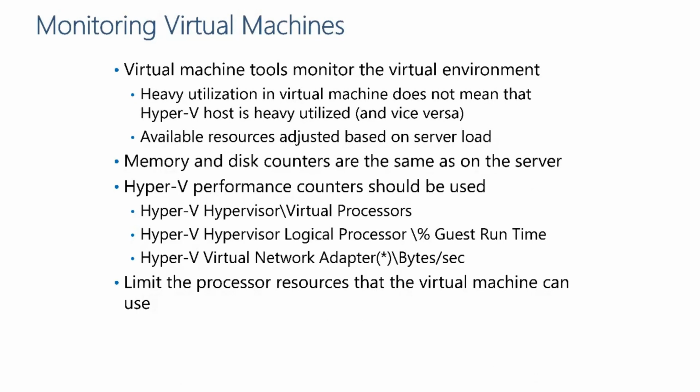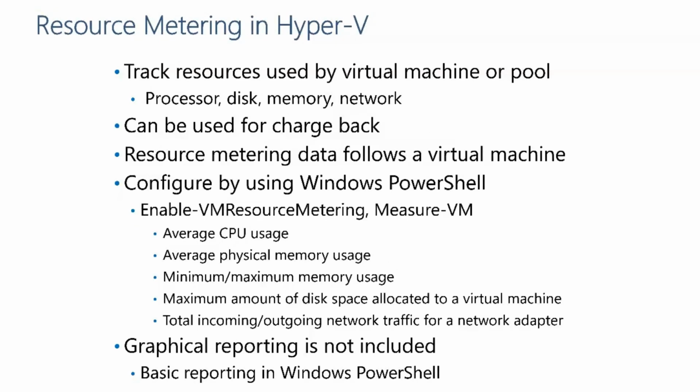Memory and disk counters are the same as on the server, so these are the things we could monitor inside the virtual machine. So that's what you have to do on the host and inside the virtual machine too, because you need to know how your virtual machines are running, but you also need to know how your server's running. You can't just do one.